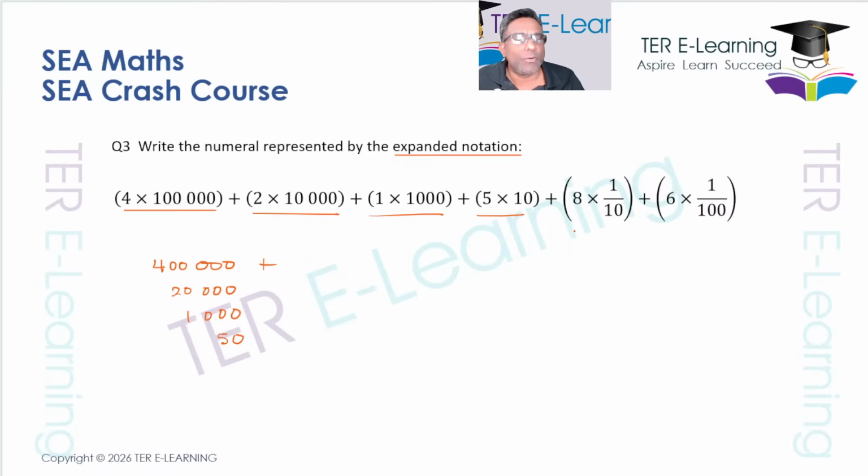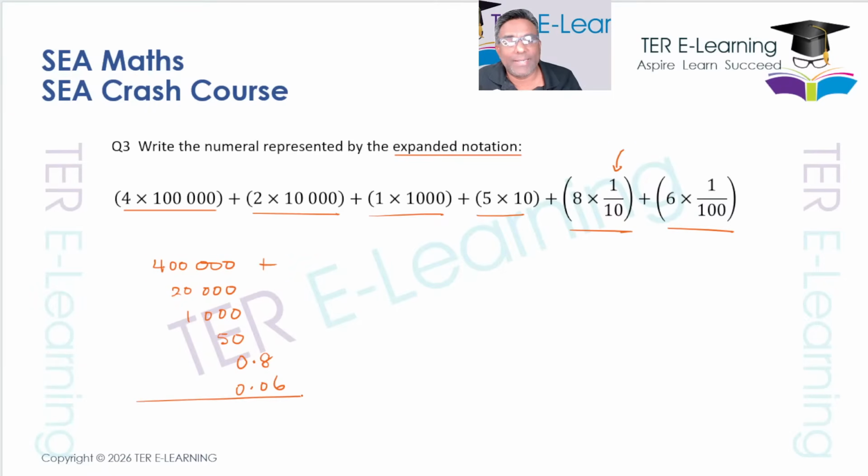Now these here, 8 multiplied by 1/10 is actually 0.8. This one here is 6 by 1 over 100, so that is the 100th position. So this is going to be 0.06.